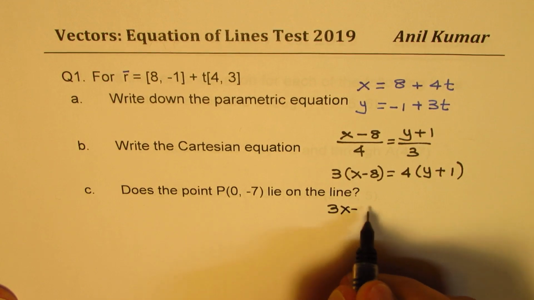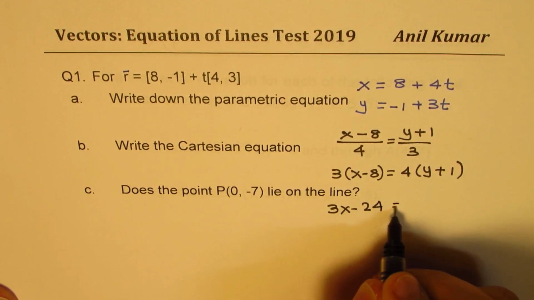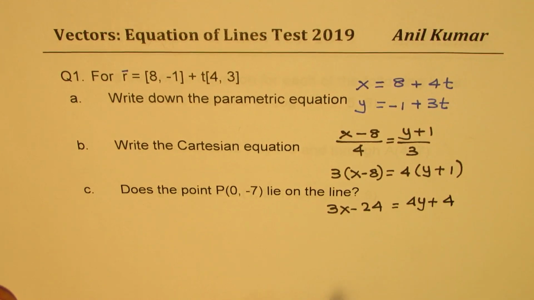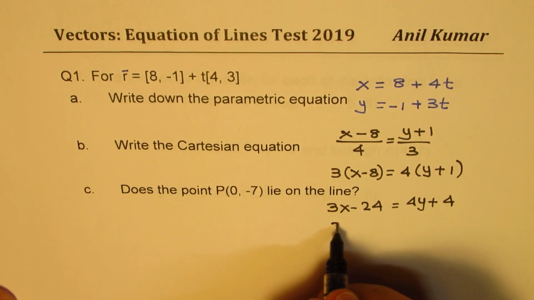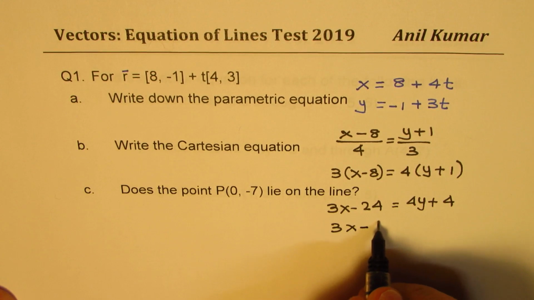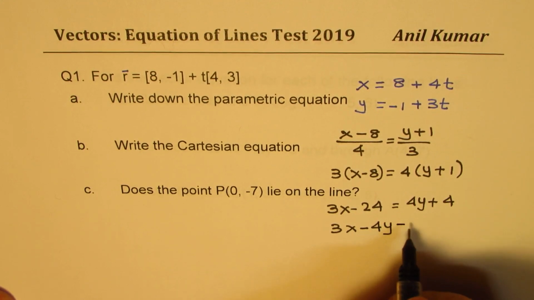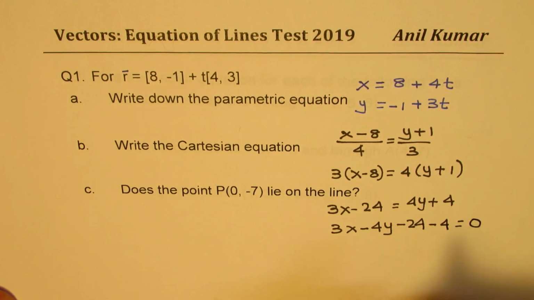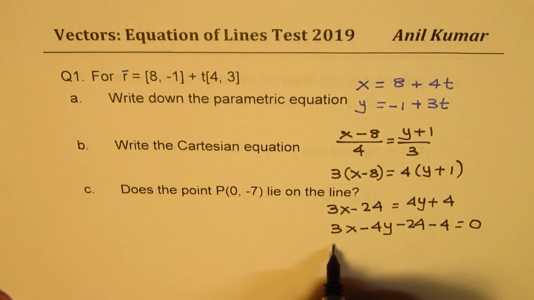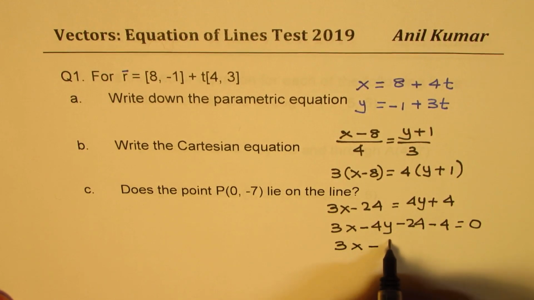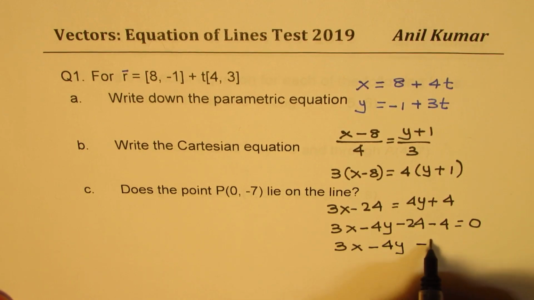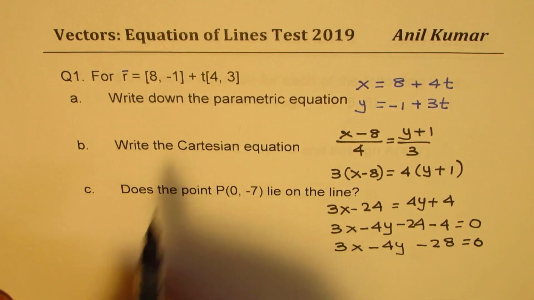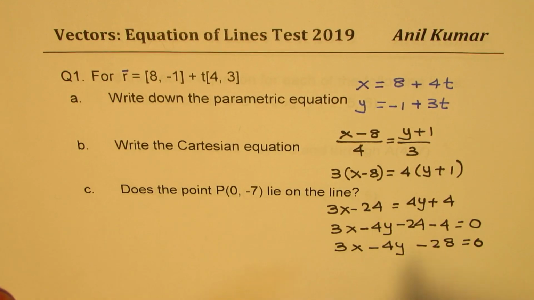So we get 3x minus 24 equals 4y plus 4. Bringing them together, we get 3x minus 4y minus 24 minus 4 equals 0. And we get our Cartesian equation as 3x minus 4y minus 28 equals 0. Okay, so that is the solution for part B.